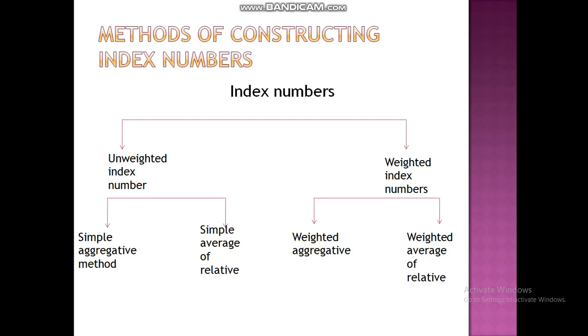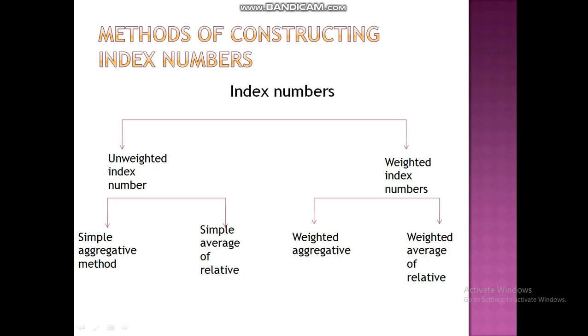And the last step is that we need to select the suitable formula. So here we'll be doing only the last step, that we'll select a suitable formula. All the data will be already given, items will be selected, price quotations will be obtained. They'll just give you the data, and for that data you need to construct suitable index numbers.